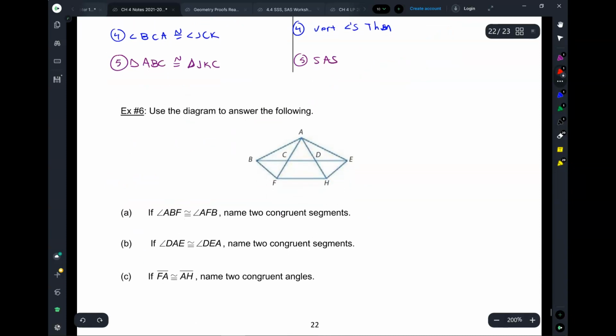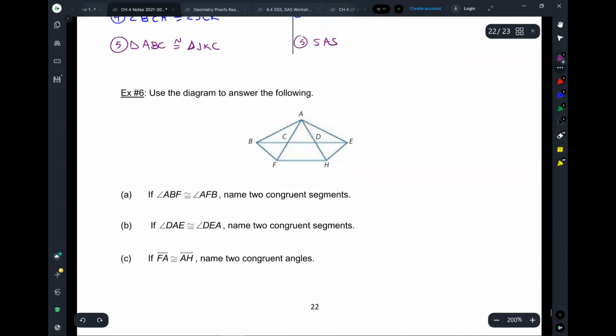Okay, so use the diagram to answer the following. If angle ABF is congruent to angle AFB, this can get a little confusing.